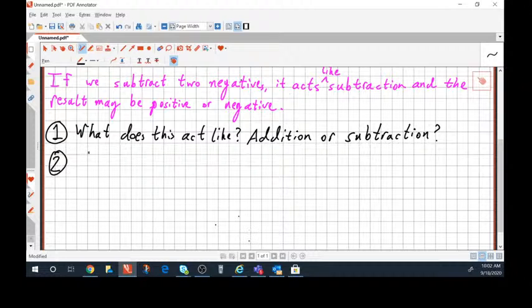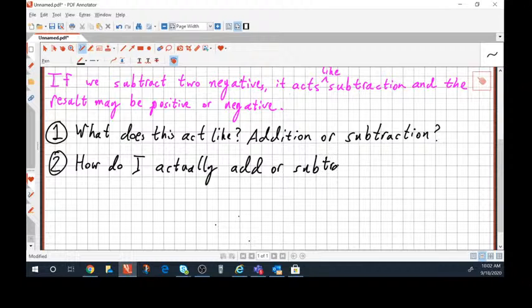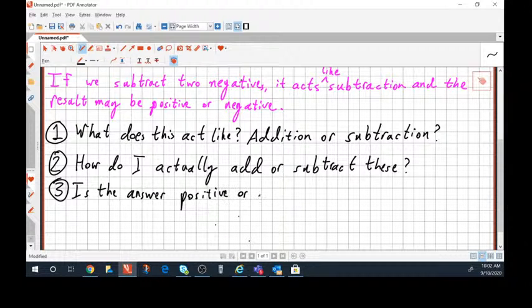Step two is, how do I actually add or subtract these? And third was, is the answer positive or negative, and why?